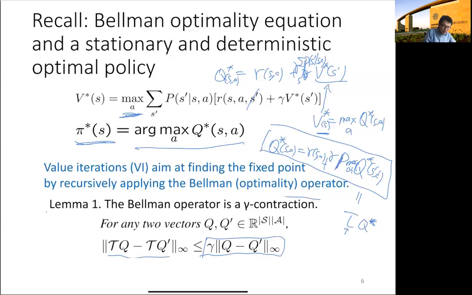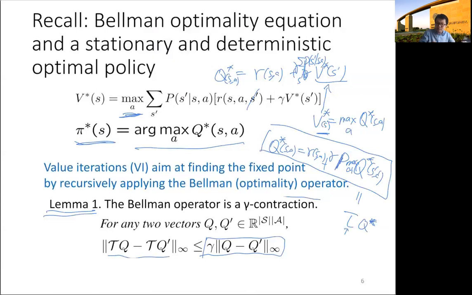And one key result that we showed in the last lecture was that the Bellman operator is a gamma contraction, which means that when we apply this Bellman operator to two arbitrary vectors of size SA, then in terms of the L infinity norm, it shrinks the distance between the two vectors by a factor of gamma.